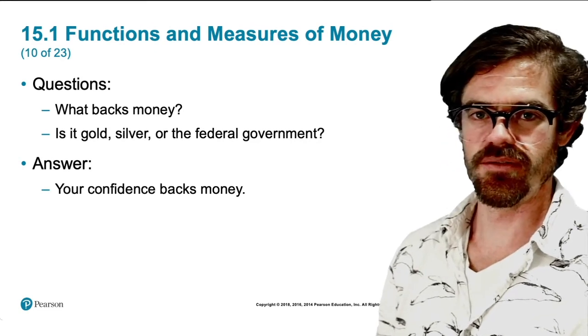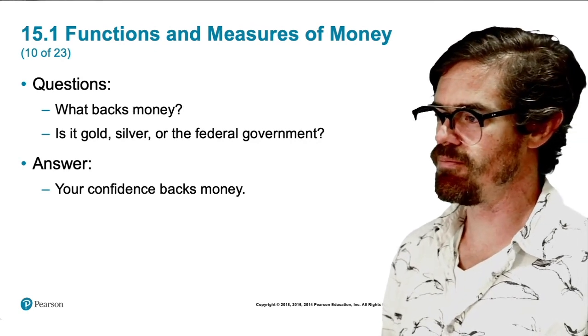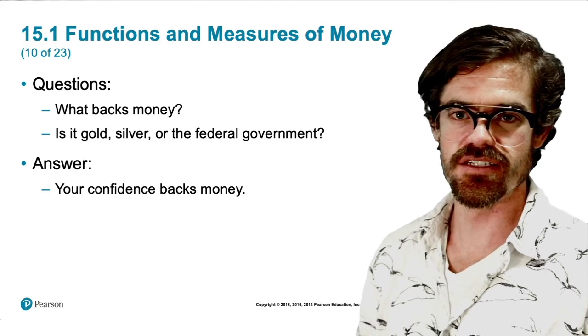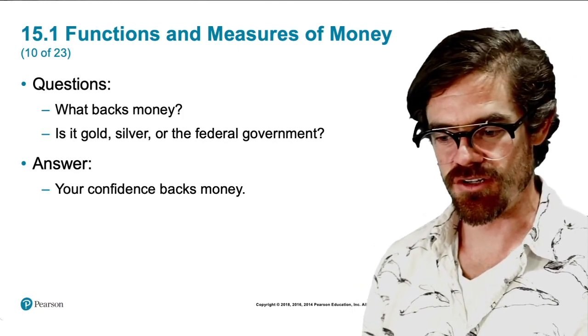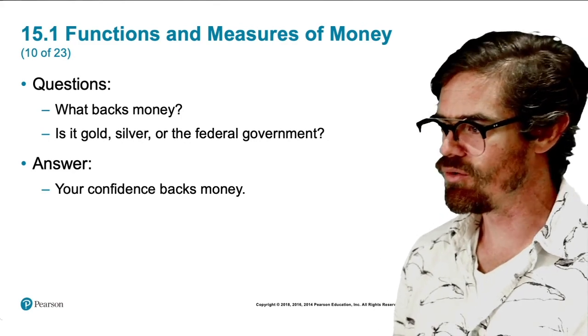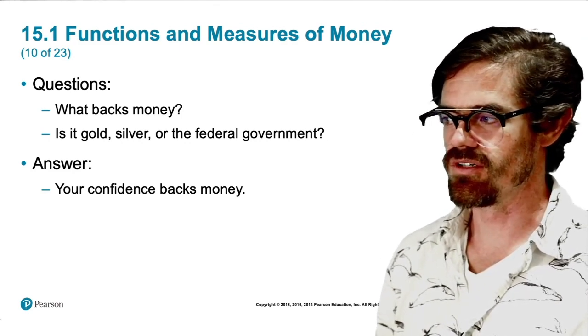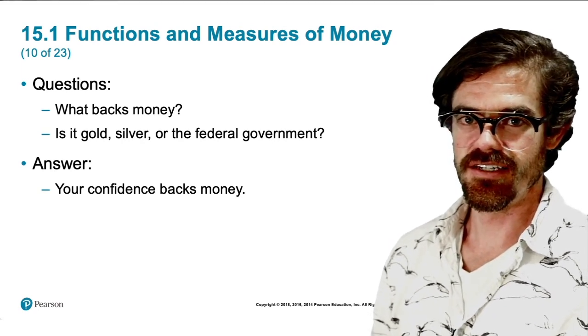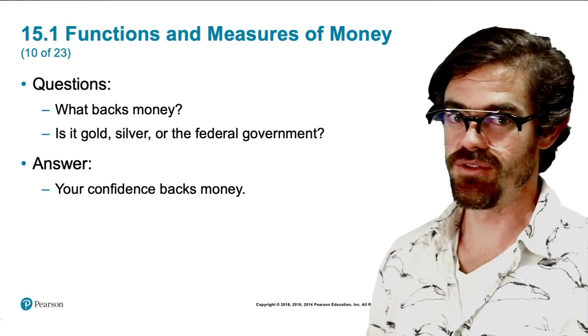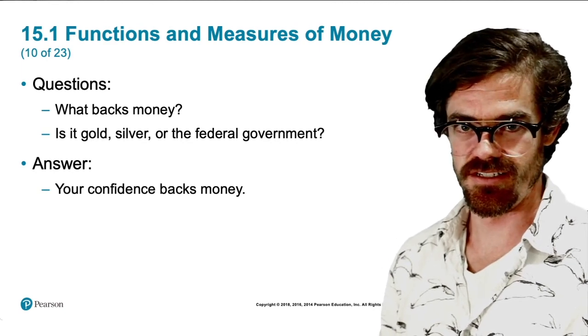Here's another good question that people sometimes ask: what backs money? Is there anything that backs it that sort of has real value that is underlying it? Is it gold or silver or maybe even the federal government? Well, ever since the 70s, our money is only backed by our confidence in it.